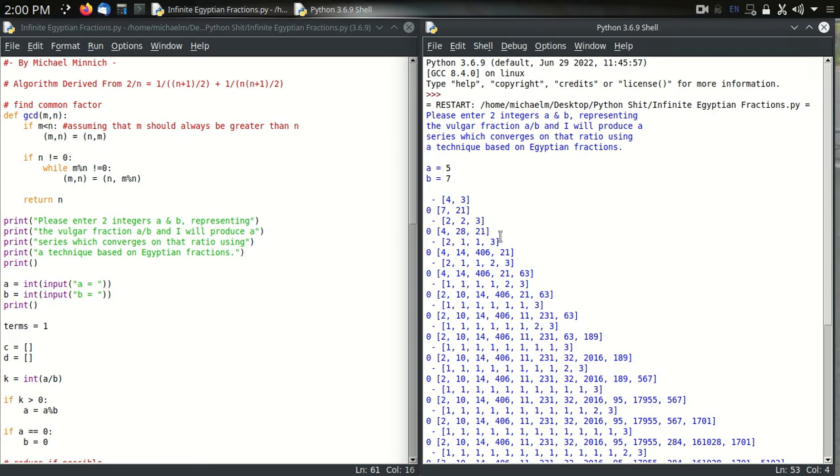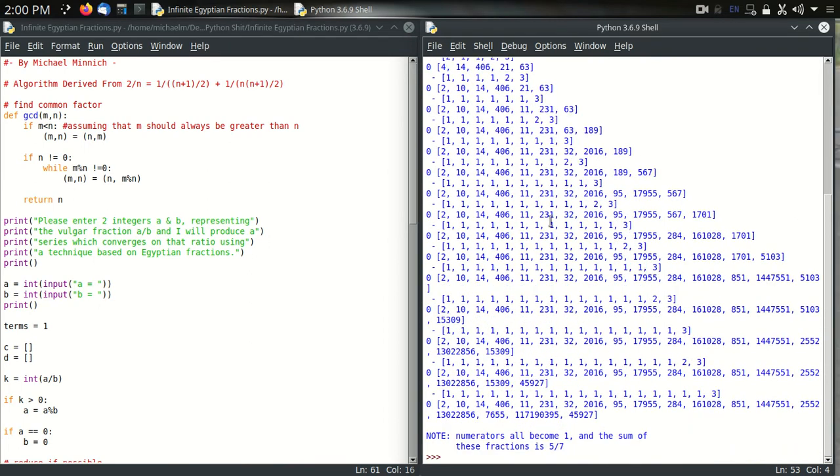And so you're always going to get this trailing 3 as a numerator. But if you do this infinitely many times, then that 3 disappears, and all of your numerators end up being 1. So it ends up being an infinite series that sums to your 5/7 or whatever your fraction is, right?